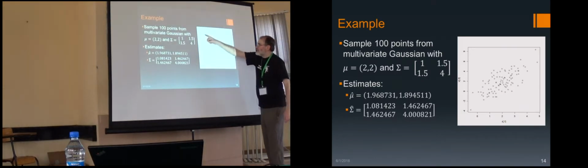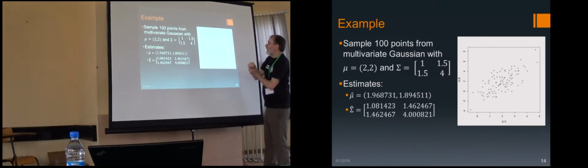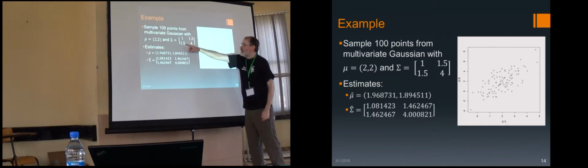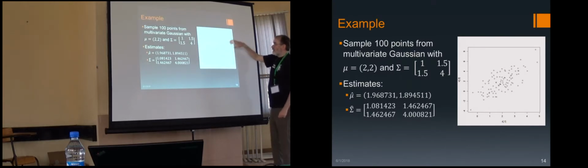And this axis has a variance of 4, so if we projected over here, it's a much more spread out distribution. But they're also not independent. There's a diagonal structure to it, because I've set these covariance values to be non-zero. That makes it an ellipsoidal, elliptical kind of distribution.